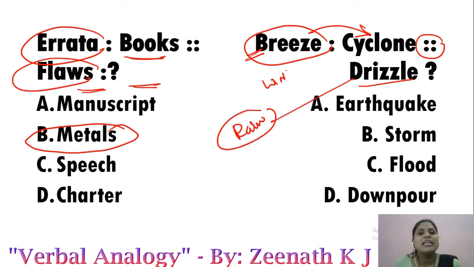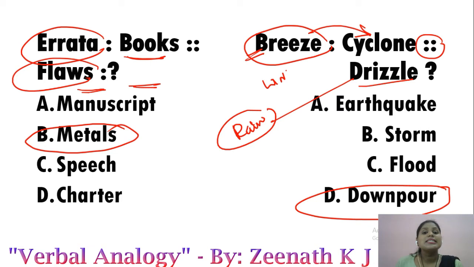So what is the extreme version of drizzle? That has to be downpour. When it rains cats and dogs, it's actually called downpour. Sometimes it rains so heavily, so you always say there has been a downpour in Bangalore since 3 days. Okay, it's been downpouring since 1 week in Mumbai. So the answer to this question has to be downpour.